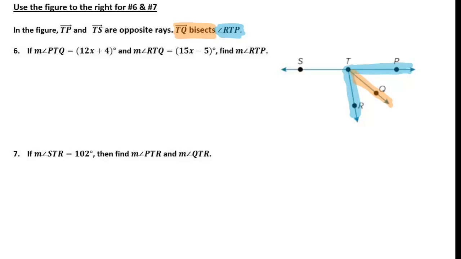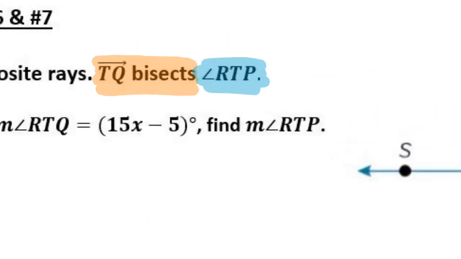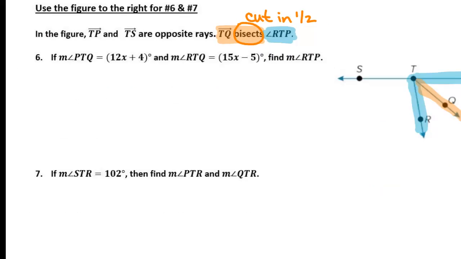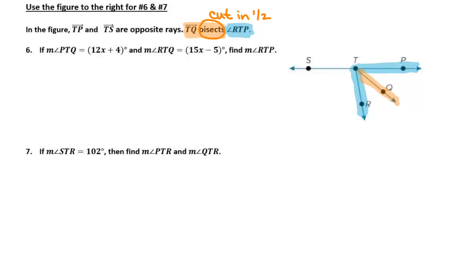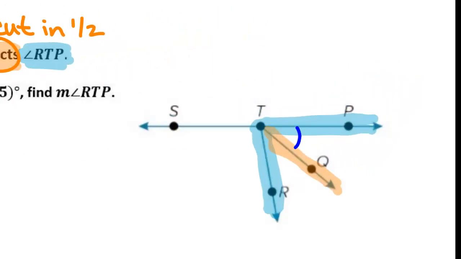What do bisectors do? Cut in half. So what does that mean about these two small angles that have a blue side and an orange side? They're congruent, yes. So this angle up here is the same size as this angle down here.